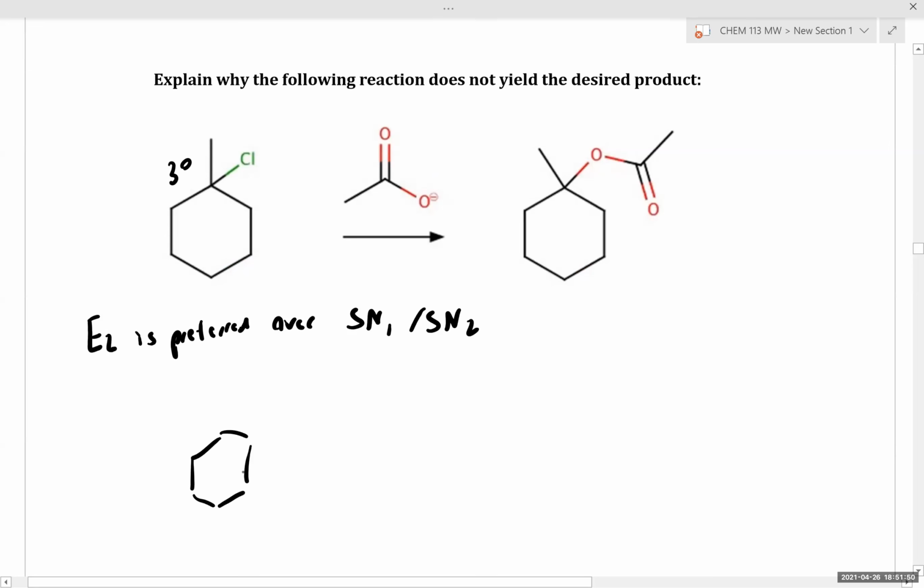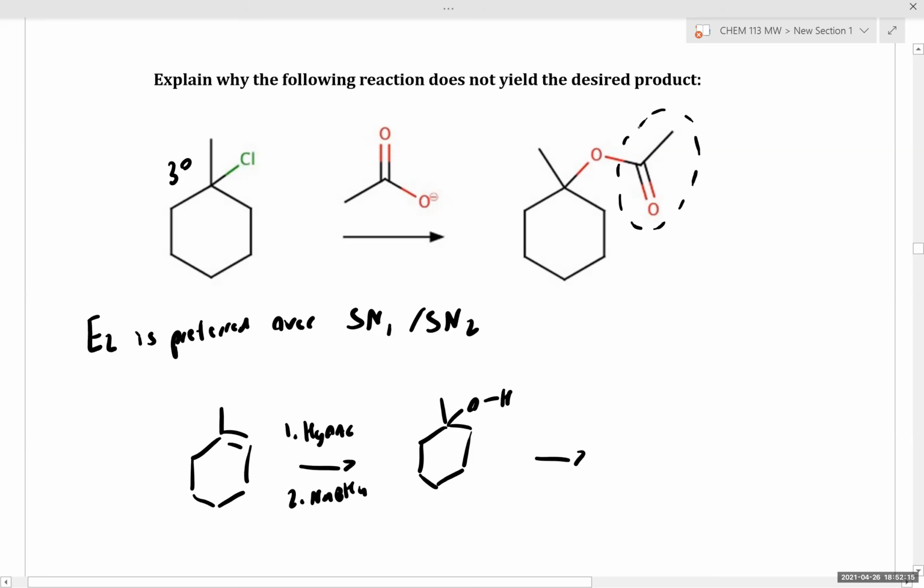So in reality, once we have this elimination product, if we wanted to prepare this product, there are many ways that we can do that. We can do oxymercuration to get the alcohol. And then if we wanted to install this acetyl group, what conditions would we want to use?